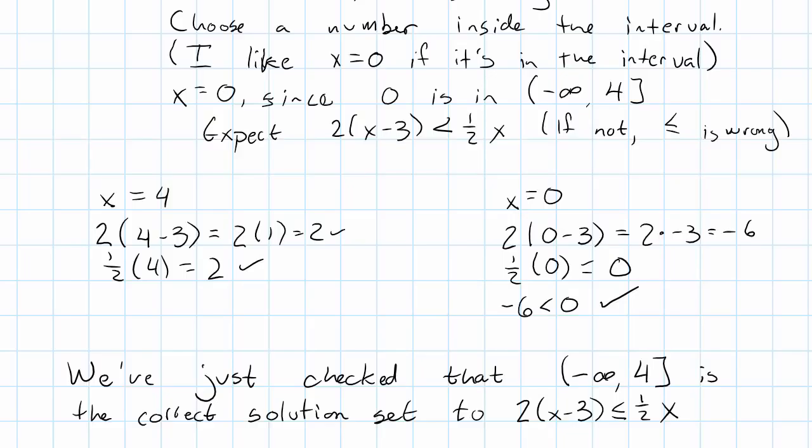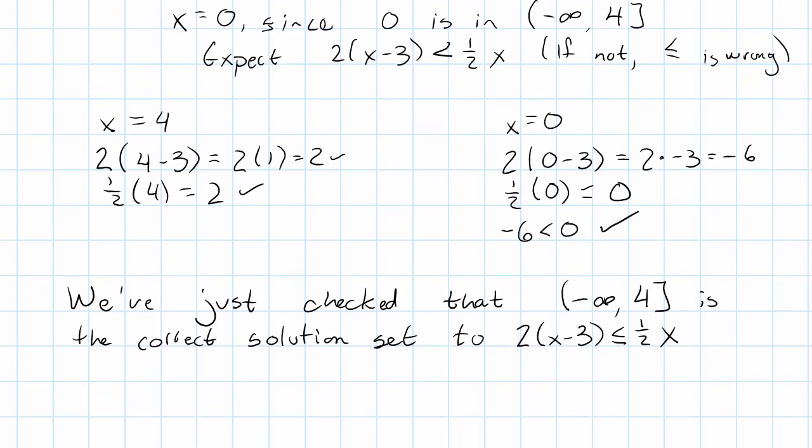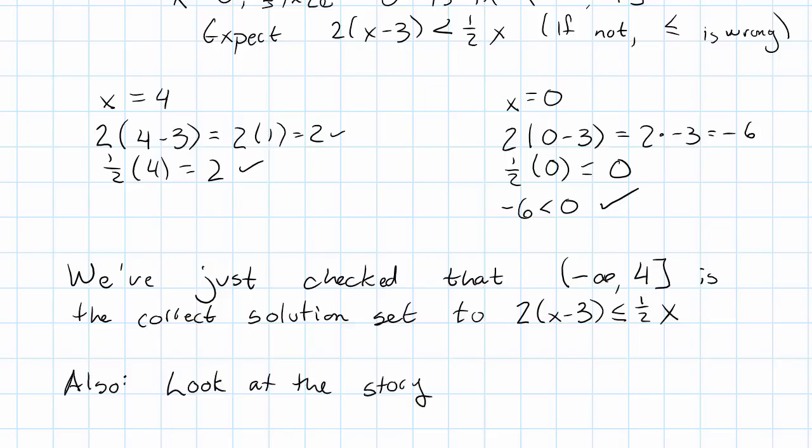The other thing we need to do is look at the story. And in particular, look back at the verb we found, does not exceed. Using the numbers that we found when we plugged in, we need to put the verb does not exceed between them and see if that makes sense.